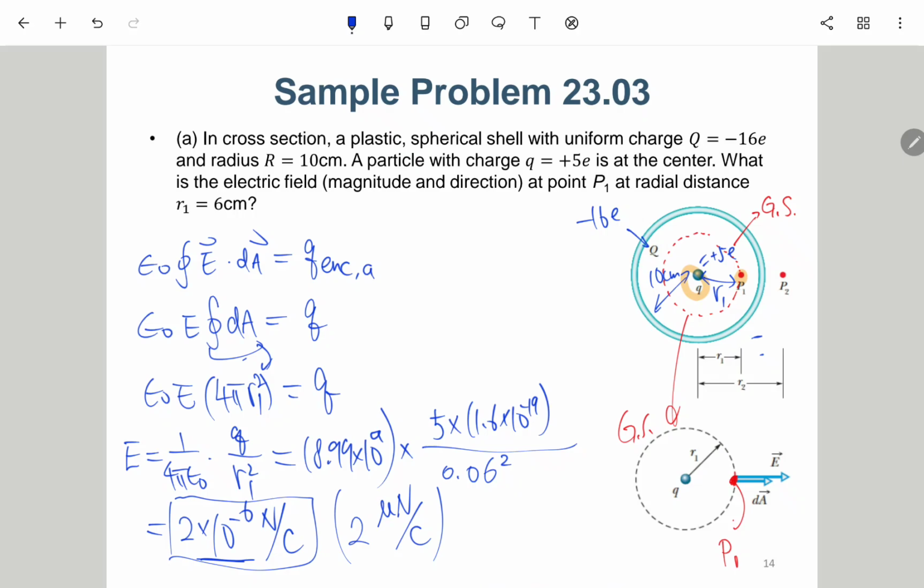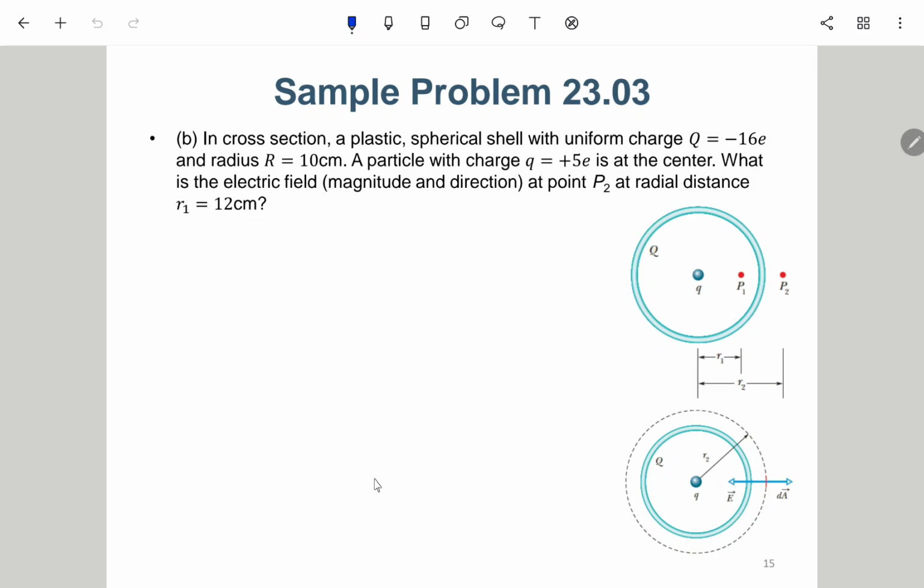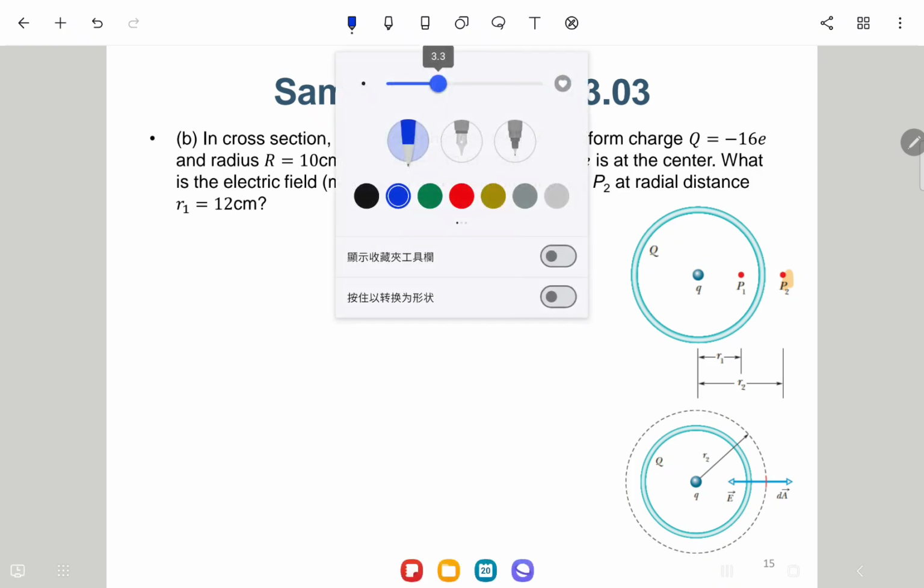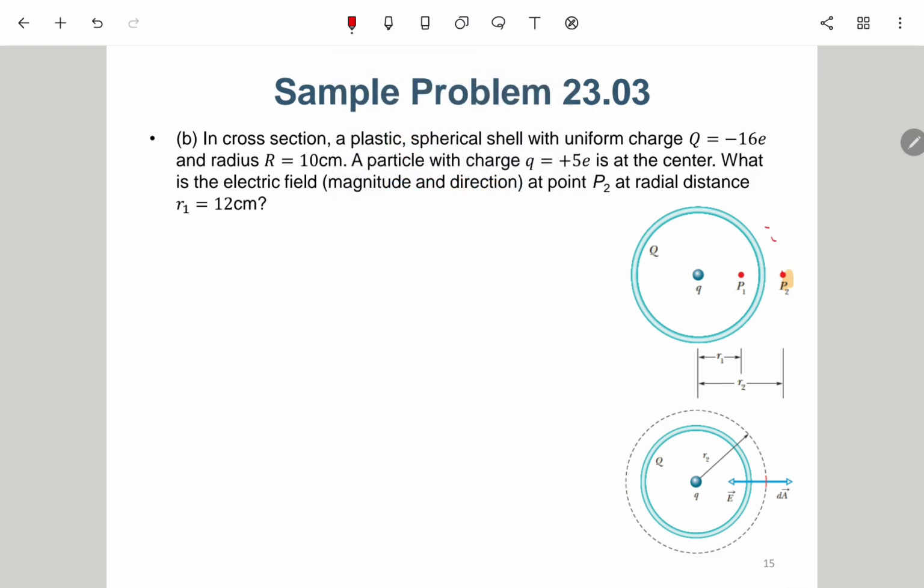Okay, so this is for question A, and then for question B, it asks you the same thing but at point P2. P2 is actually outside. So here we try to define the Gaussian surface for question B. Okay, so this point is P2.